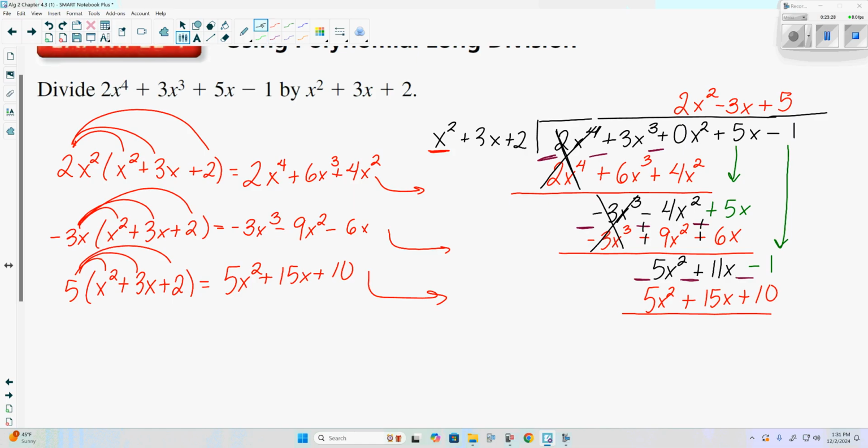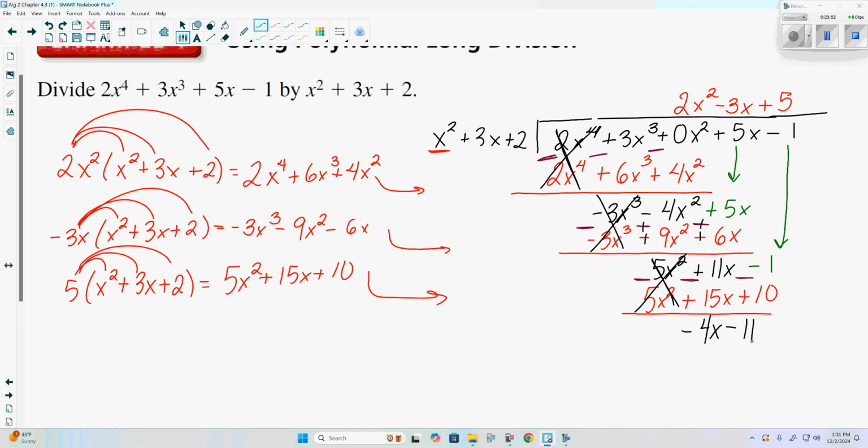Now 5x squared minus 5x squared is 0. 11x minus 15x, 11 minus 15, negative 4x. And negative 1 minus 10, negative 11. Do we have any more terms to bring down?